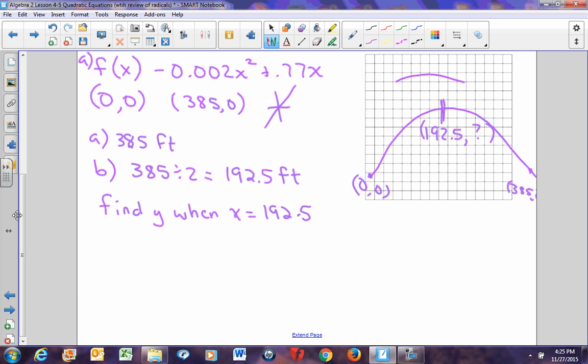I can use that exact graph. I just deleted it off my calculator by mistake, so I have to put it back really fast.